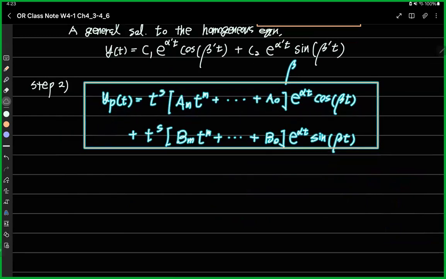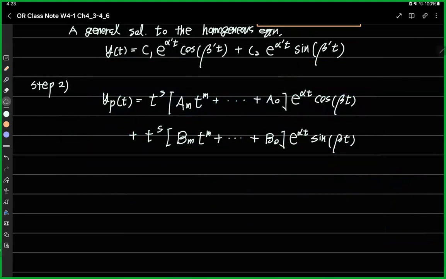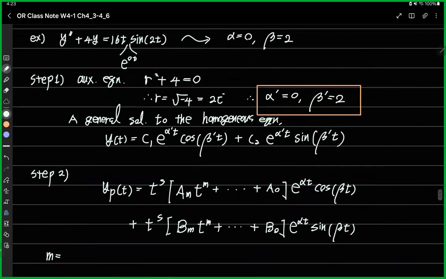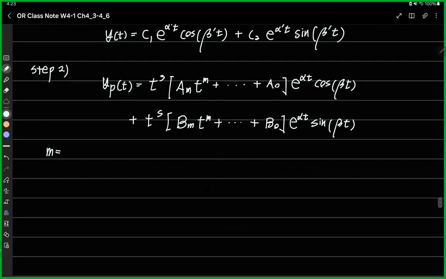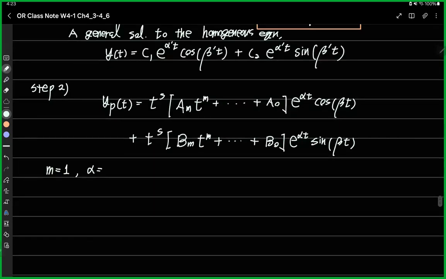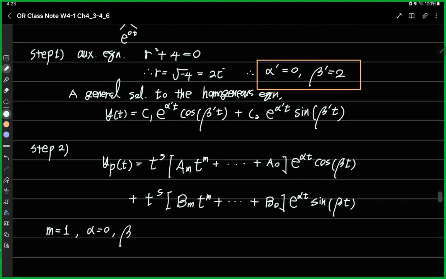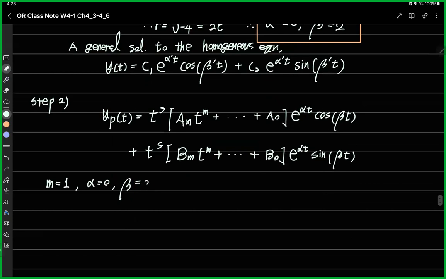Here we need to figure out the parameters m, alpha, beta, and s. First, m is the degree of the polynomial, so m equals 1. Alpha is 0, and beta equals 2. And s is 1. So we figured out the parameters.